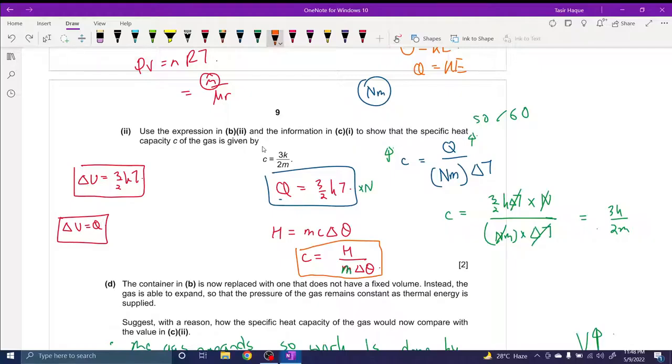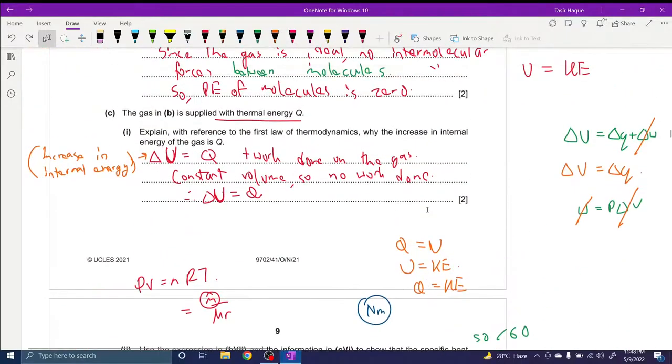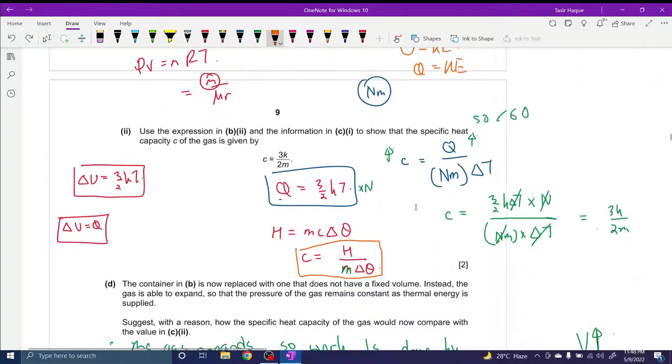H is the heat energy supplied to the gas, which is Q basically. We are supplying Q to the gas. So if you substitute Q in the place of H, we are getting this expression. C is equal to Q divided by Nm del theta. So why did I write Nm, by the way?